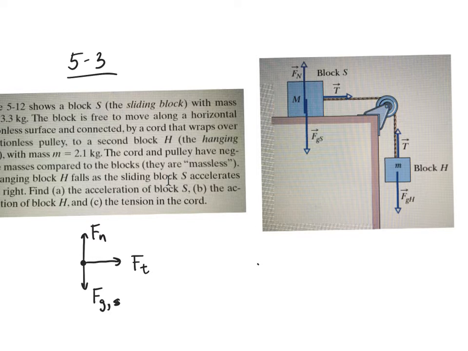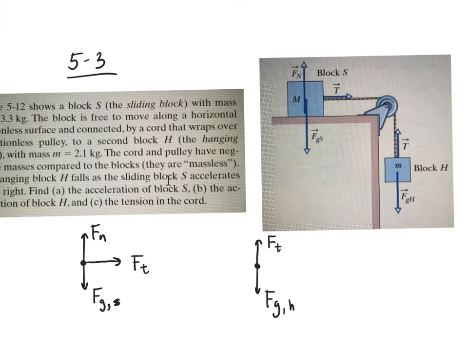Then for block H, we've got the weight of block H pulling down, and we've got tension pulling up. So this diagram in this first problem in your book gives you the free body diagrams, literally. Right? We're just redrawing them with dots. If you notice, they're all on the diagram already. Now, we know that we're going to call one of the masses M, capital, and the other lowercase.